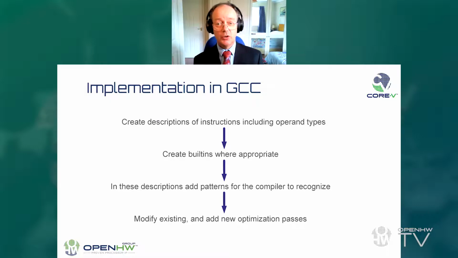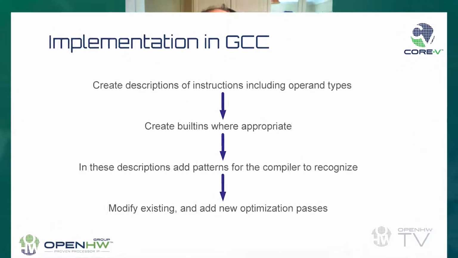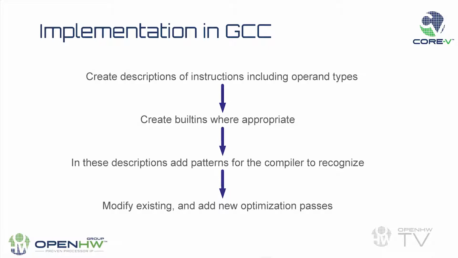The implementation of Core-V extension interface extensions in GCC can be split into a number of steps. Firstly, creating a machine description of each instruction, including adding operand constraints. Secondly, creating built-ins where possible to call these instructions directly. Thirdly, adding patterns to these instruction descriptions so the compiler is able to recognize these and substitute in custom instructions as needed.